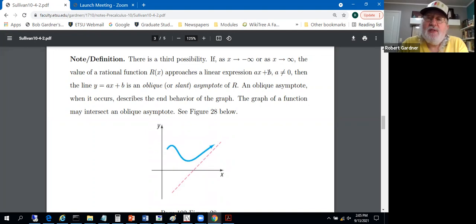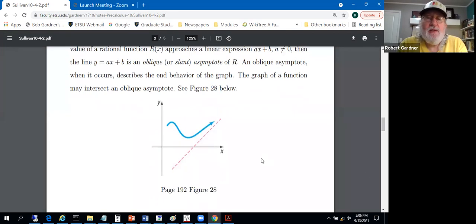If a is 0, it's a constant term, and we're dealing with a horizontal asymptote. But with ax + b, we've got a line of slope a, where a is not 0 by the hypothesis, and the line y equals ax plus b is called an oblique asymptote or a slant asymptote of the rational function. Here's what we get in terms of a picture for an oblique asymptote.